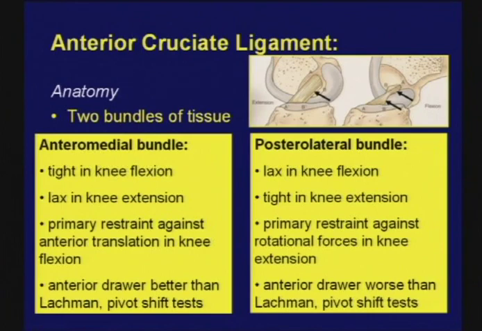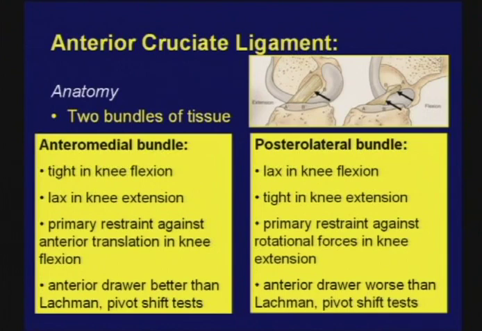I indicated that there is a great deal of recent interest in the two bundles that make up the anterior cruciate ligament. And the reason is, of course, that now two bundle reconstructions are being done. There's a huge debate about the benefit of taking the time of doing individual bundle reconstruction as opposed to the usual way that ACL reconstruction is accomplished.